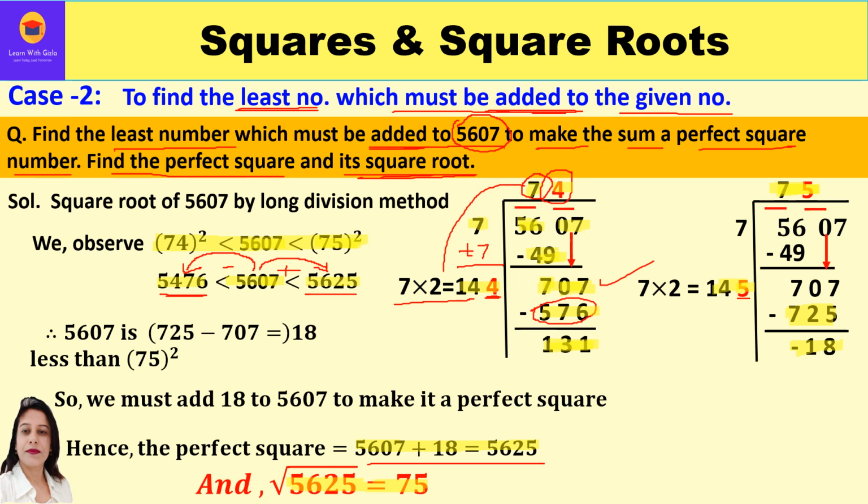Now we can check also. We can check by using the long division method. Suppose we take the number 5625, make the pairs as we do in long division. So 25 and 56 are the two periods we have got. We'll start with 7 because 7 squared is closest to 56. Further we will get 725, and we shall try with 5 over here.